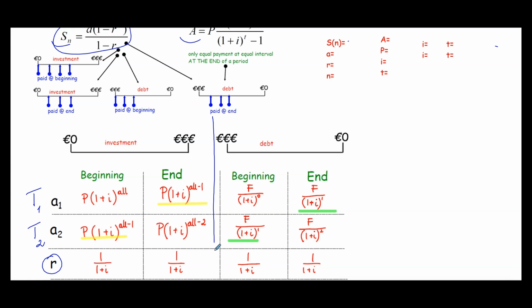The main difference is whether I am going from not having money to having money, which is usually an investment situation, or going from having money to zero money, which is usually a debt situation. I'm not saying that's 100%, that they cannot change the scenario, but that's usually the scenario we are faced with.